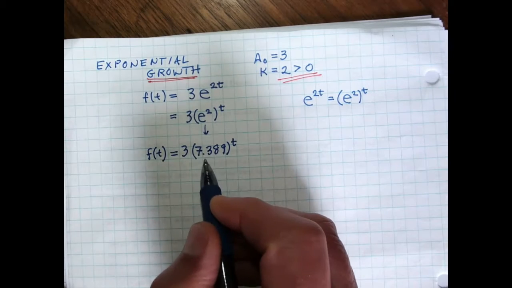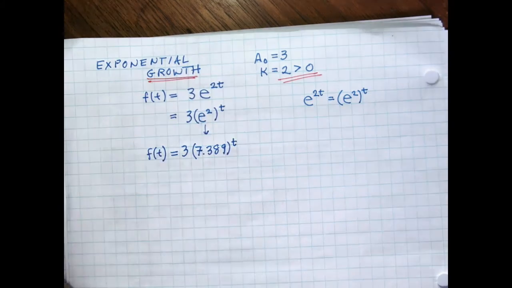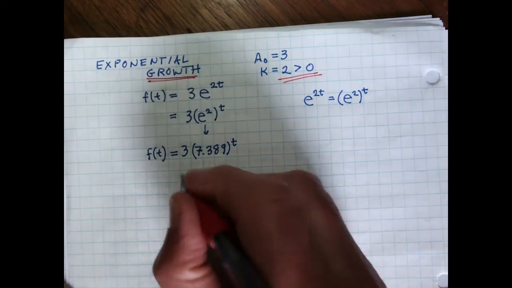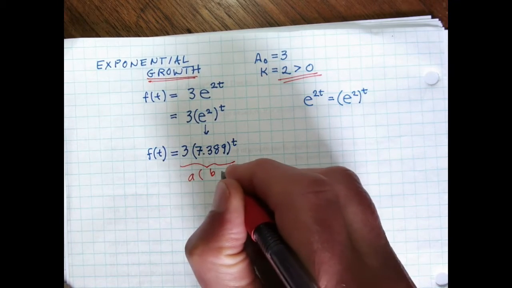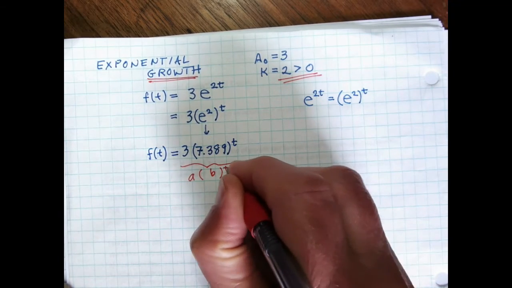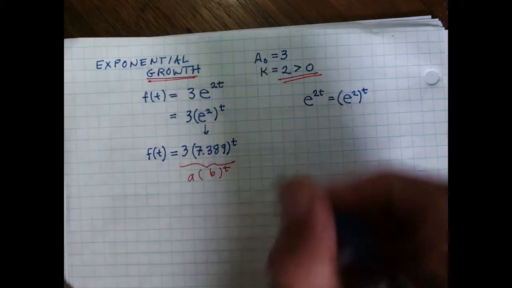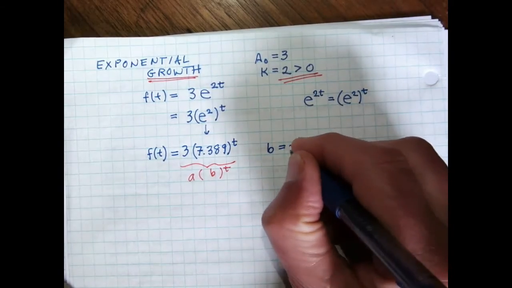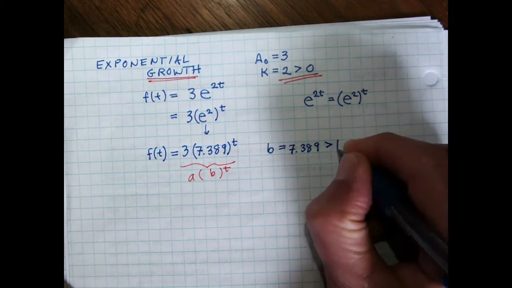Now there's no e here. I can write that same function using the base 7.389. This looks like the form a times b^t, where the base b is 7.389. That's a base greater than 1.